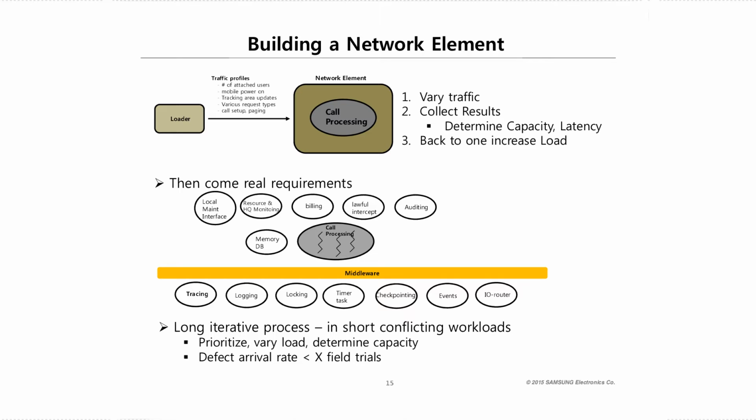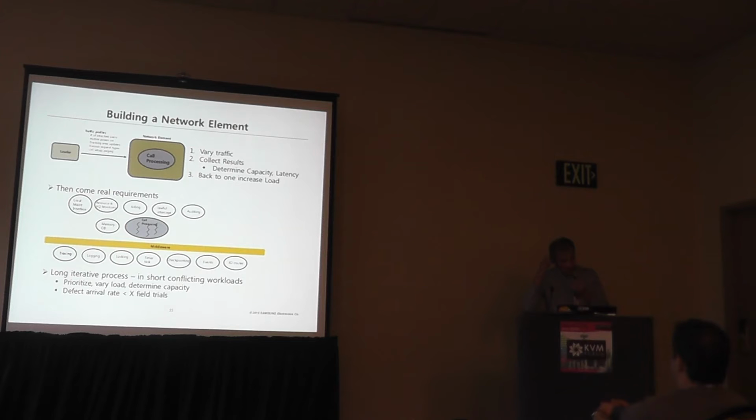This slide is kind of out of place, but it shows you how you do network element development. You have call processing, you run some traffic, and you get a good fuzzy feeling that everything is working fine. And then the real requirements come in.